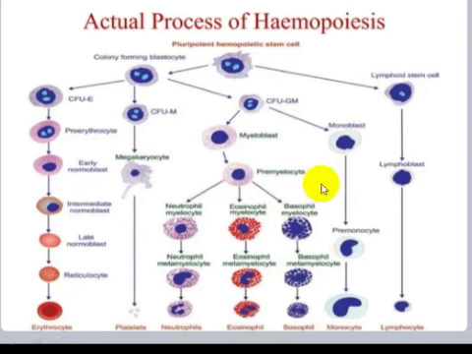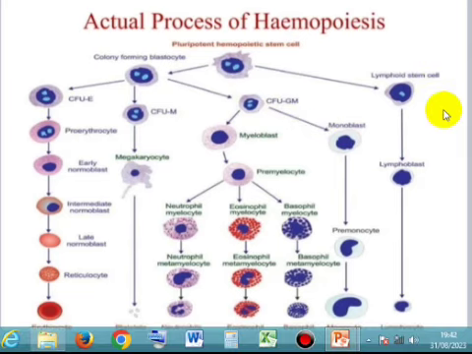Good. Then the colony-forming units for granulocytes and monocytes differentiate. This is colony-forming unit granulocyte, it differentiates to form myeloblasts, and then you have myelocytes, which then differentiate to form neutrophil, eosinophil, and basophil.